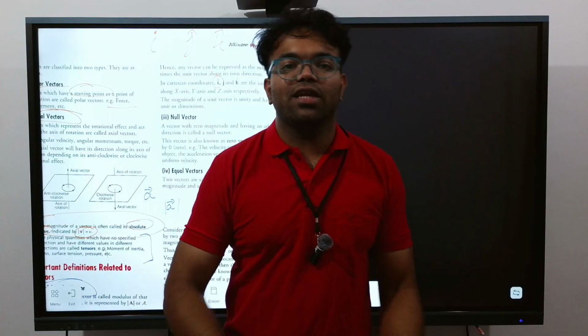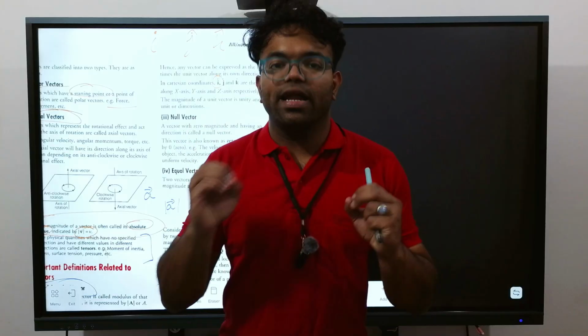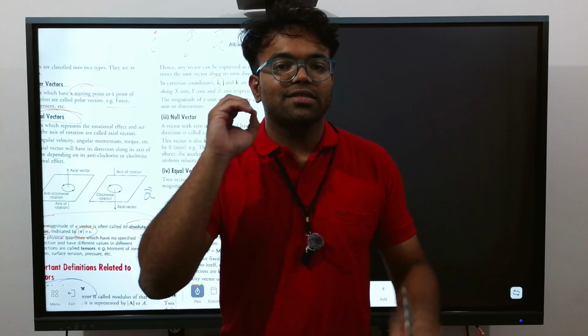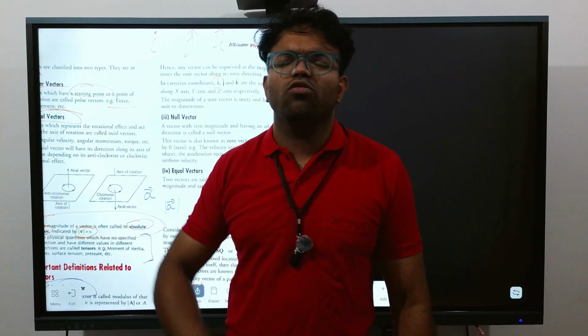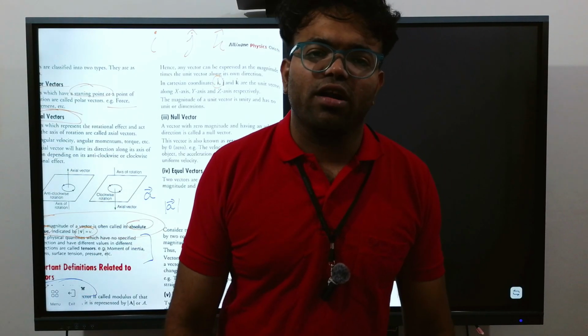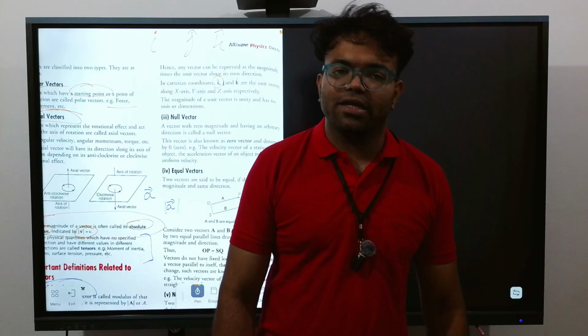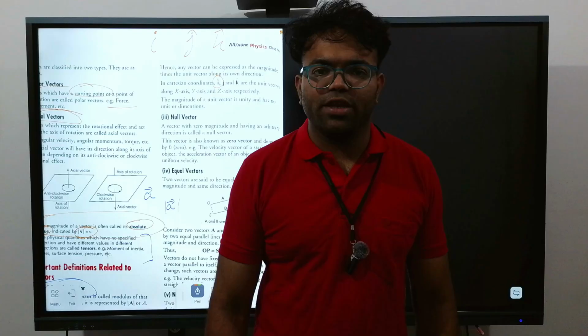Since the magnitude is 0, it is worthless, it is just a 0. So a null vector has 0 magnitude, and you can have any arbitrary direction because it does not matter. Understood? It is very important that you know this.